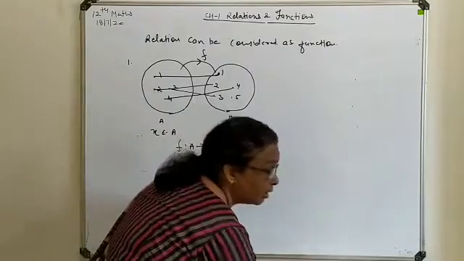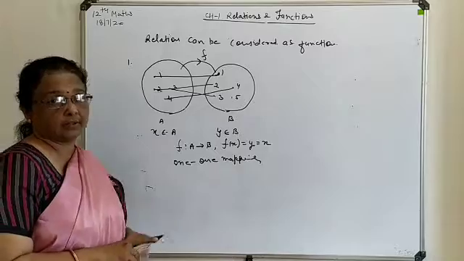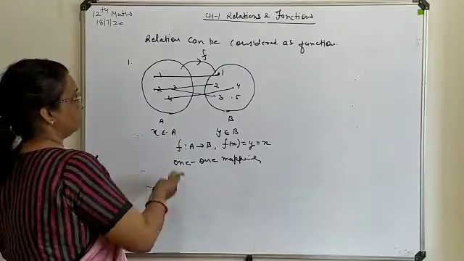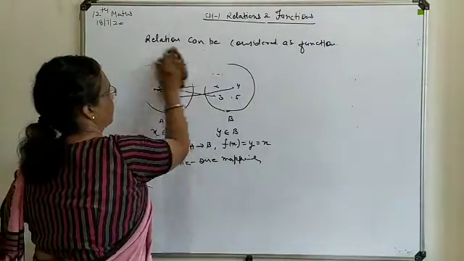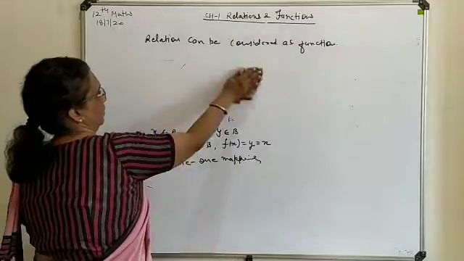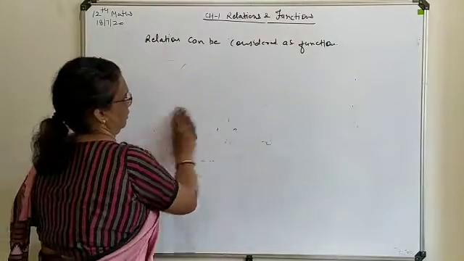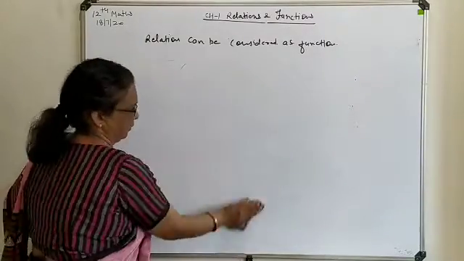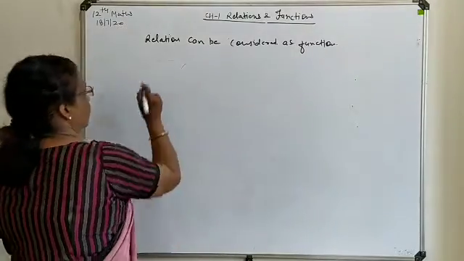The second criteria for which a relation can be considered as a function is this.